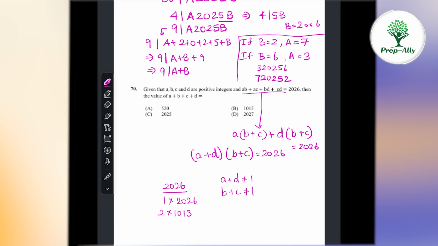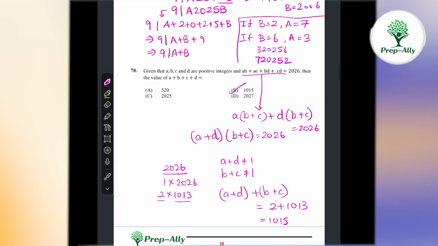So the only possibility that we have is that they are equal to 2 and 1013 or vice versa, and in both cases their sum, that is a plus d plus b plus c, would be equal to 2 plus 1013, which is 1015. So we have option B.